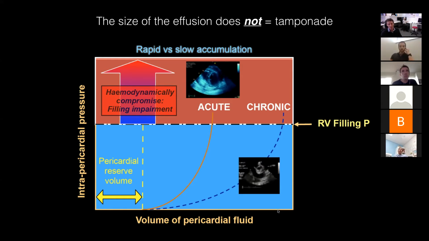It feels like that Pulp Fiction moment, just taking out 10 mils of blood out of this patient's pericardium because it happened so quickly. So this is a real deal, and when it happens, it's astonishing. So yes, the size of the effusion does not equal tamponade. You can still get tamponade even with a very small one if it happens acutely.